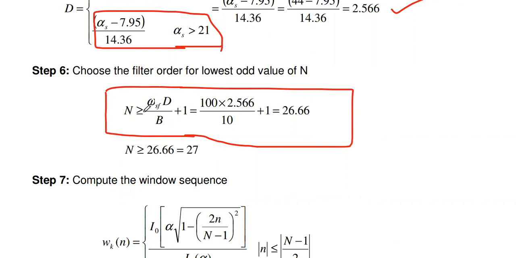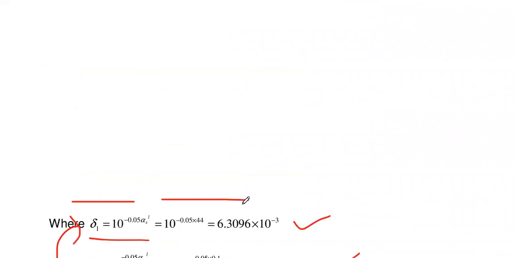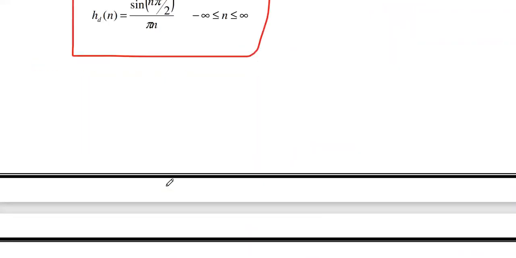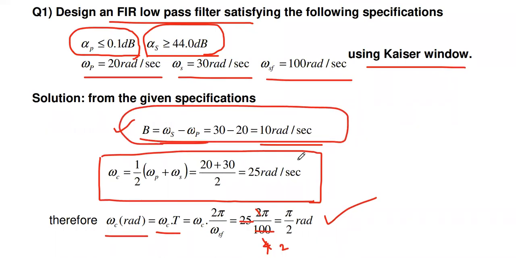N is greater than or equal to omega s f times d divided by b, plus 1. What is omega s f? In our problem it is given as 100 radians per second, into d, which we just calculated as 2.566, divided by b. The transition bandwidth is omega s minus omega p, which we calculated at the start of our problem: it is 10 radians per second.